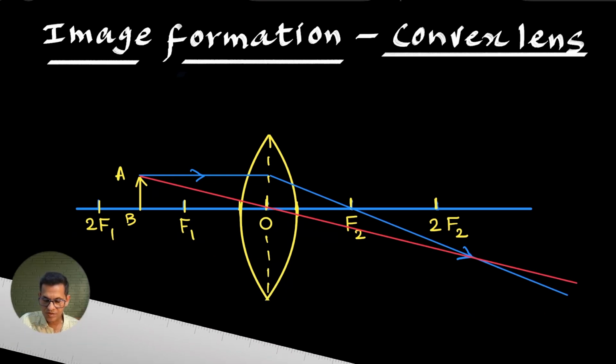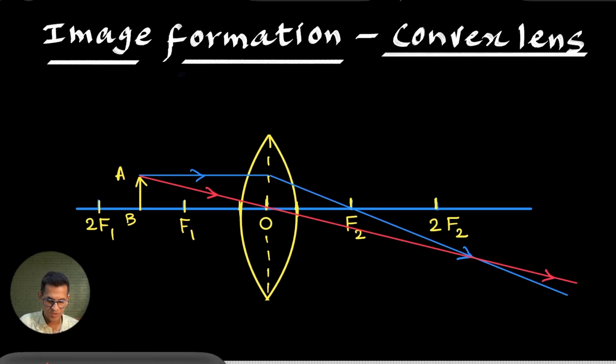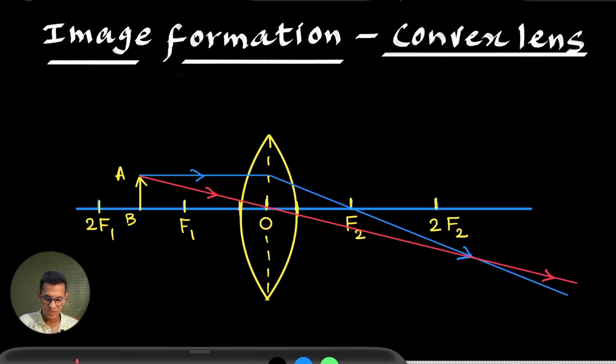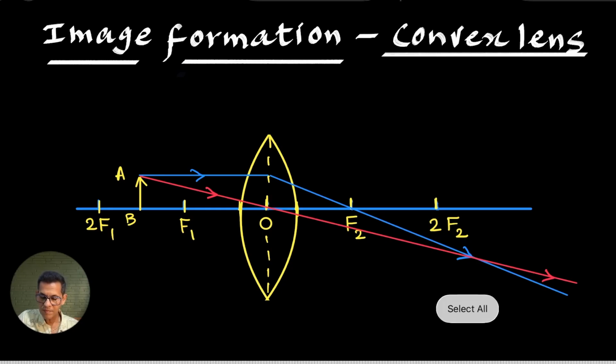And when I do this, you can see I'm getting an intersection which is beyond 2f2. So wherever I get the intersection, I'll draw my image at that particular point.